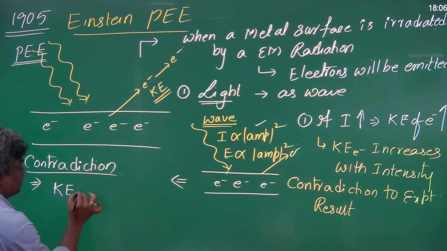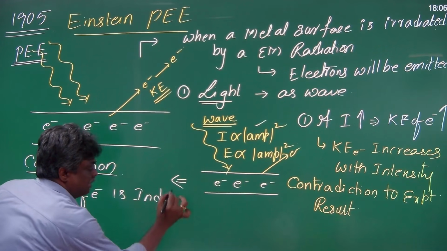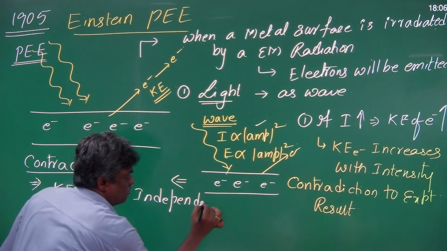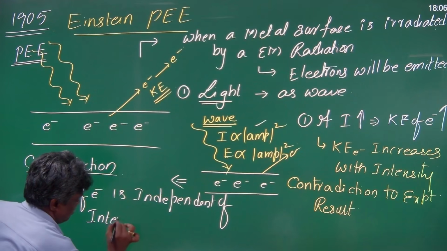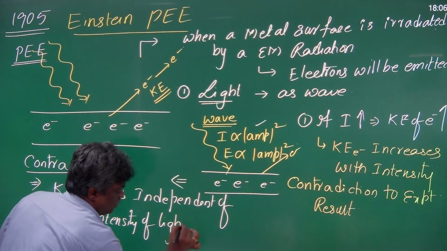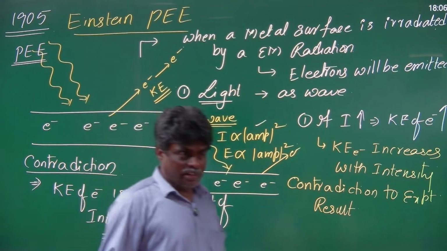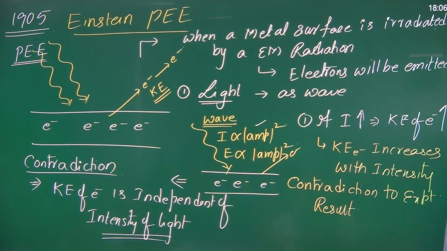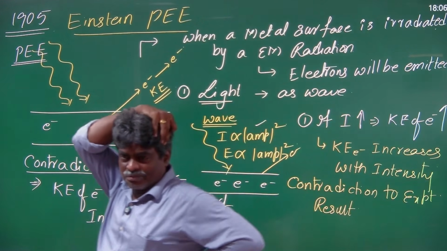Kinetic energy of the electron is independent of intensity. So the point is ruled out. What is that? Light is not behaving like a wave.